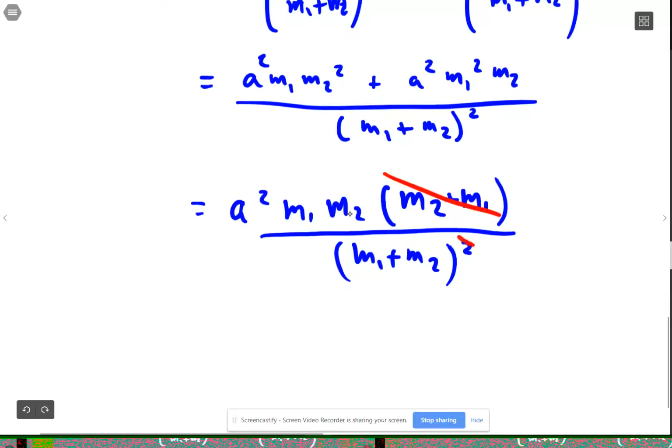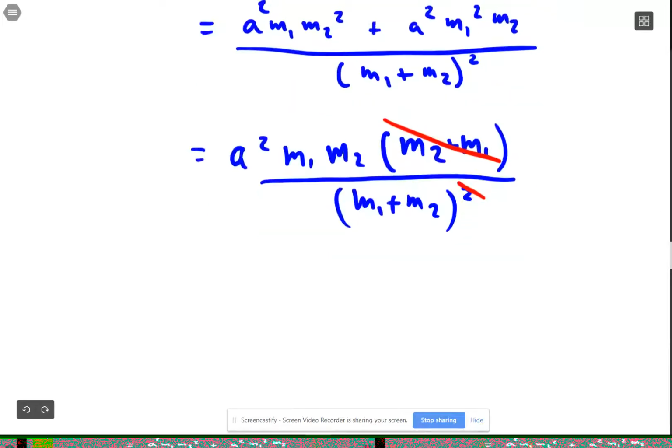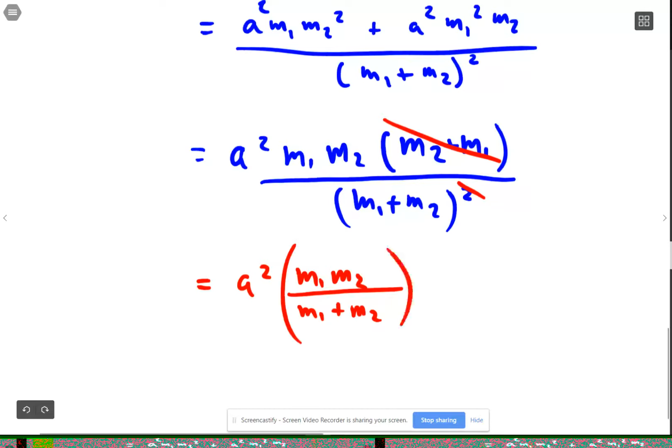Now I can cancel one of these, and I'm left with this, which is often written as a squared mu, where mu is the reduced mass.